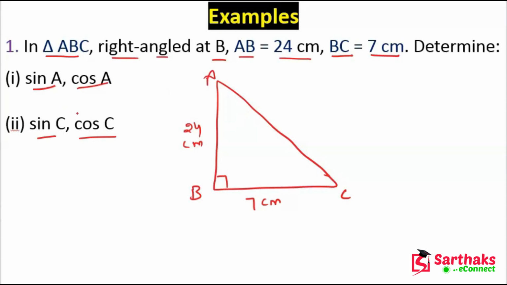Now for finding these ratios, we have to know AC. We don't know AC, so we have to find it. We can find the value of AC with the help of Pythagoras theorem, because it is a right angle triangle. So AC square is equal to AB square plus BC square.